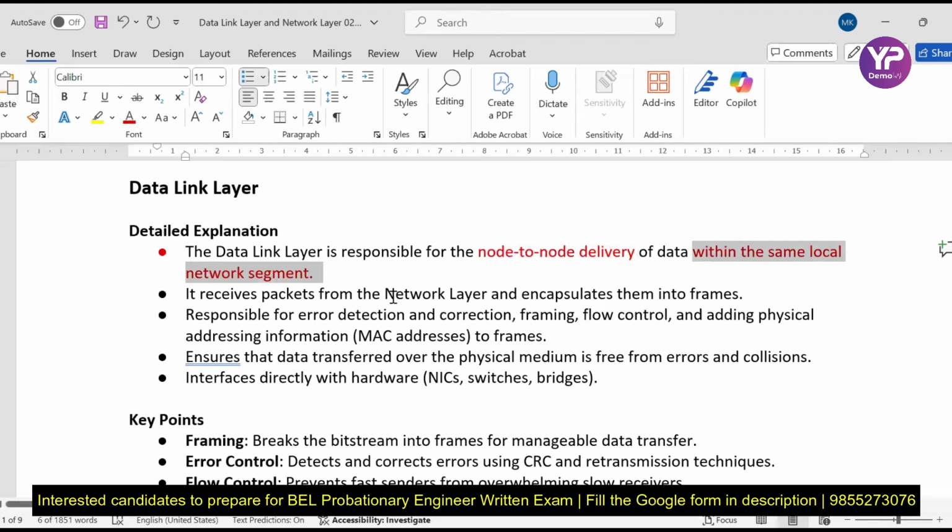See, if I talk about the sender side, data transmission starts from the application layer, then transport layer, then network layer, and then data link layer. That means the data link layer receives the data from the network layer and encapsulates it into frames. Encapsulate means, as we already discussed in the last lecture, whatever data is sent by the network layer consists of application layer data, the header of the application layer or some extra information.